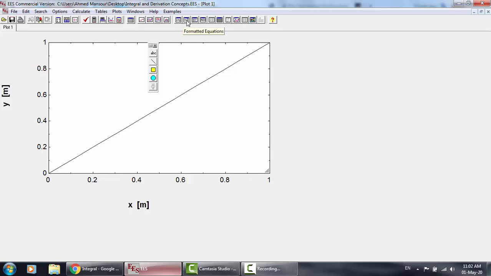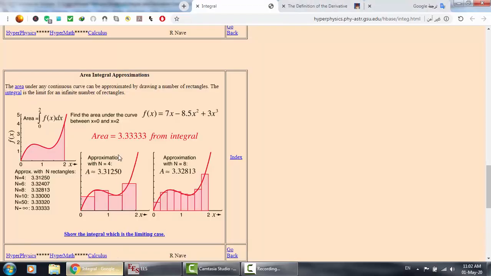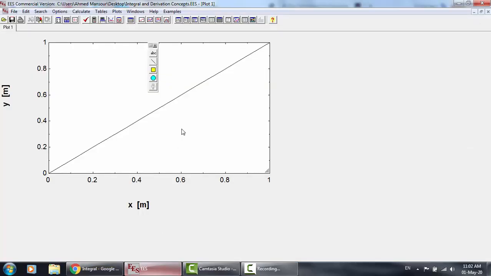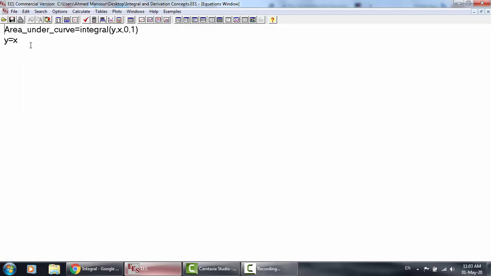But when we use a curve, no need to make these kinds of rectangles and then get the area of each one of them. No, just use the integral. We're going to use this method in the next couple of minutes or later.